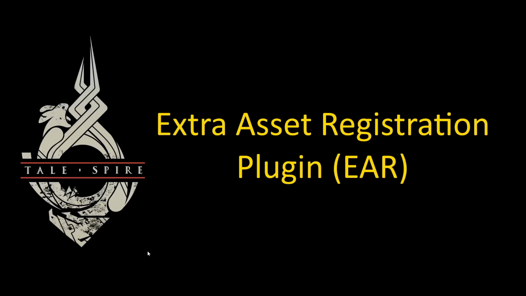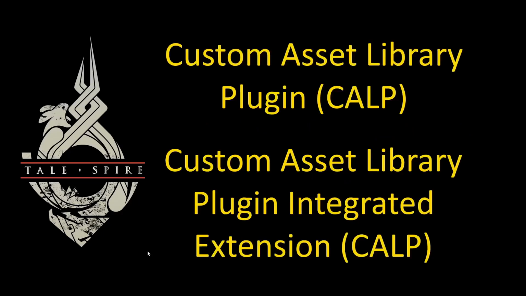Okay, so Extra Asset Registration worked pretty well, but at another point we had an update and Extra Asset Registration stopped working. So once again a new plugin was created. Actually, two plugins were created, and that would be the Custom Asset Library plugin, CALP, and the Custom Asset Library plugin integrated extension, CALP-IE.